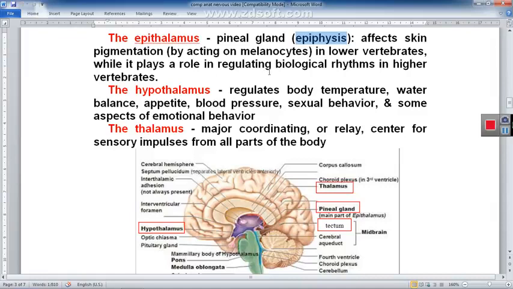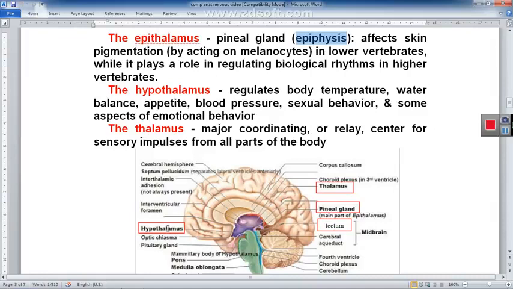And what is meant by biological rhythm is that it relates the activity of the human or higher vertebrates to the surrounding environment. This is the pineal, which is the epithalamus.